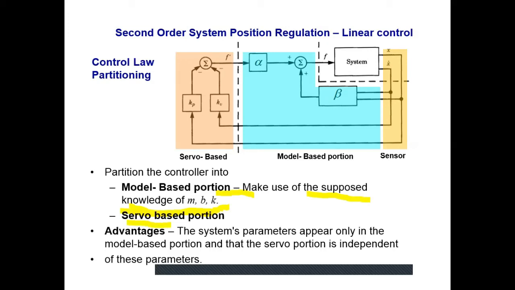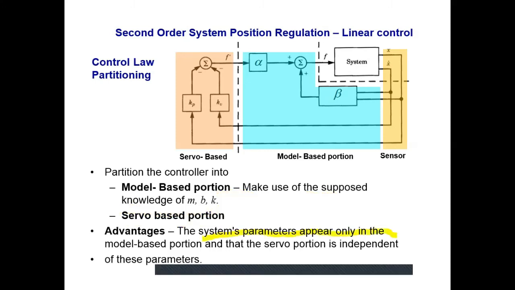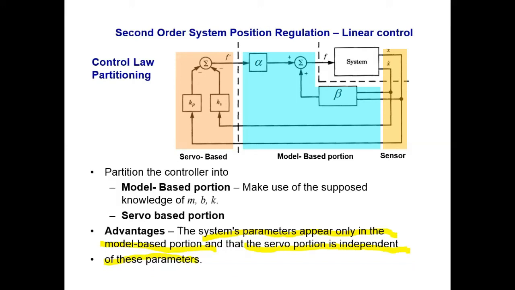And the servo-based portion is independent of mass, damping and stiffness. So the advantages are that the system parameters appear only in the model-based portion and the servo portion is independent of these parameters. The closed loop system response is also independent of mass, damping and stiffness.